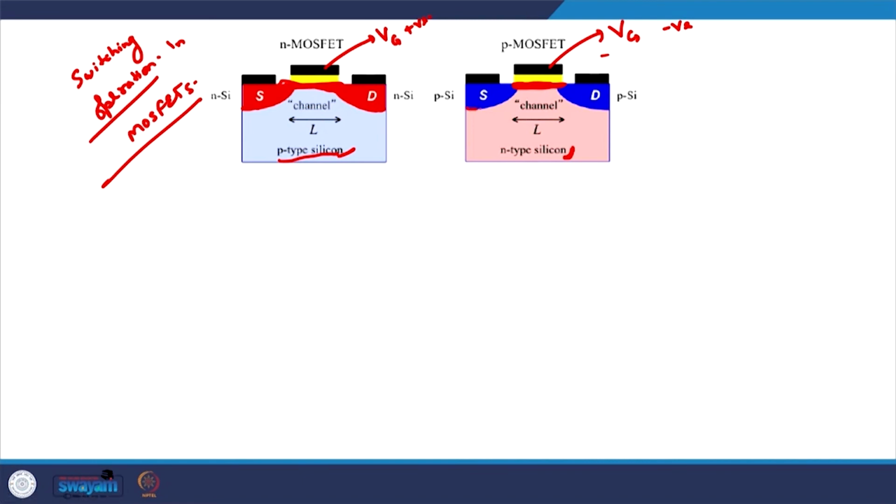From the source right up to the drain we will have a sort of continuous p-type material, like a conductor sitting between the source and the drain, and that is how this transistor is actually operated.